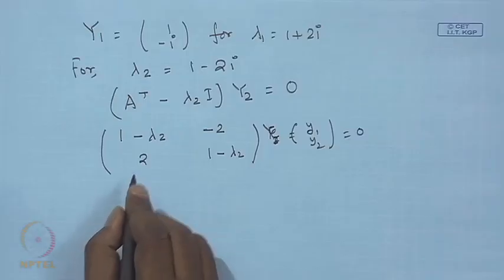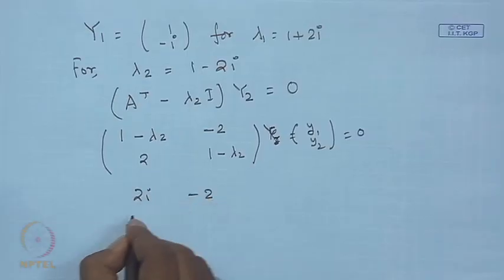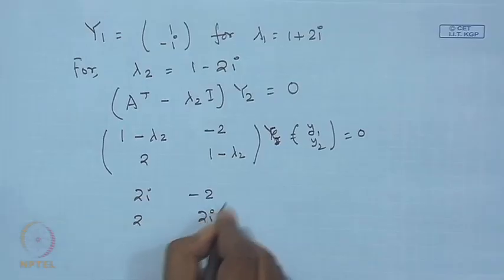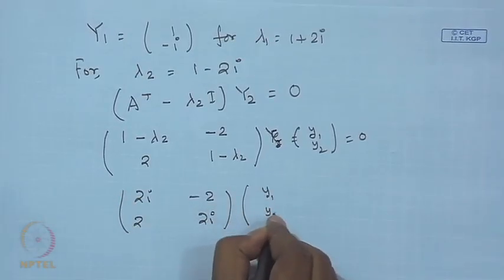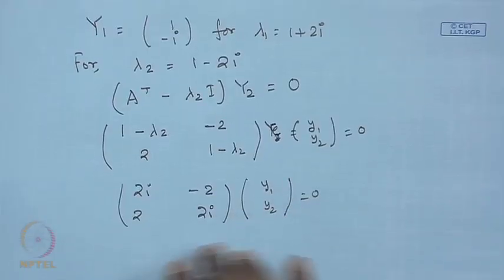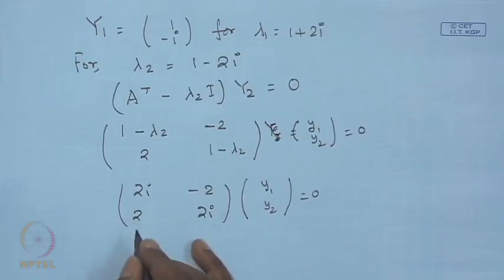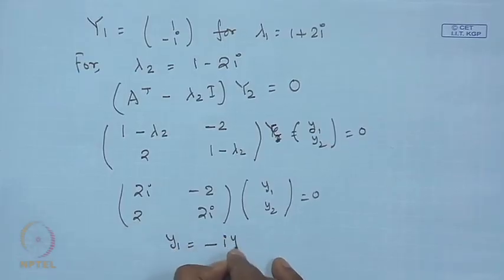So, put the value of lambda 2 there, it becomes 2 I, minus 2, 2, 2 plus 2 I, times y 1 y 2, equal to 0. So, you will be having two identical equations, and this equation in this case will be y 1 is equal to minus I y 2.